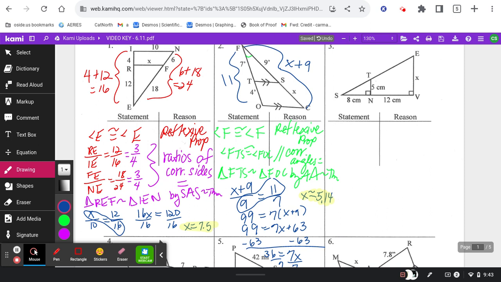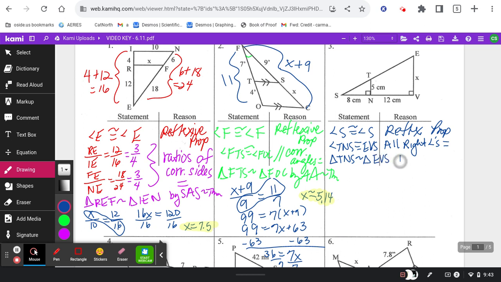All right, next one. Oh, we've got right angles. So there's our two angles. We've got angle S congruent to angle S. We've got angle TNS, angle EVS. And now we can say triangle TNS is similar to triangle EVS by AA similarity theorem.